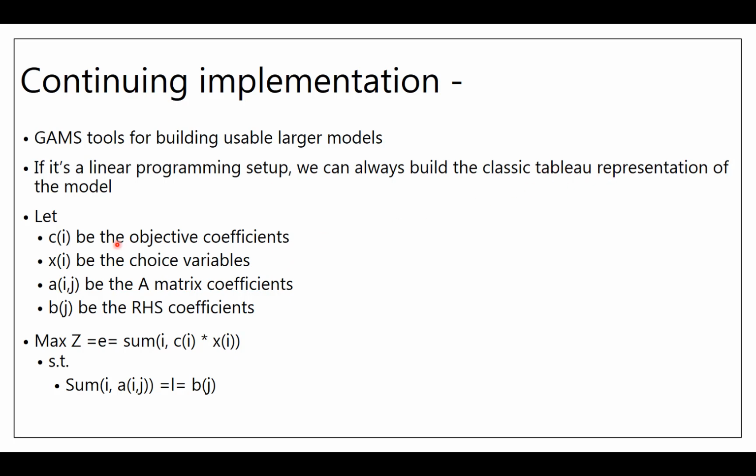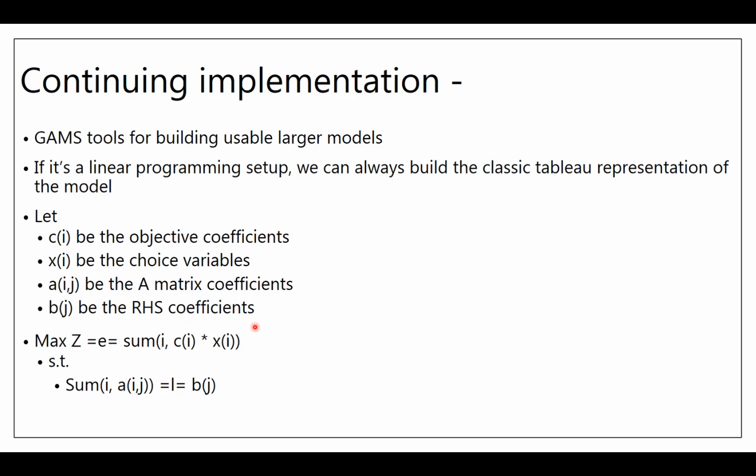The Tableau representation converted to an equation setup says let the activities be indexed by I, then let Ci be the objective coefficients, Xi are the choice variables, again indexed over I. Aij is what we call the A matrix. It's the conversion of activities to constraints. So J is the set of constraints.